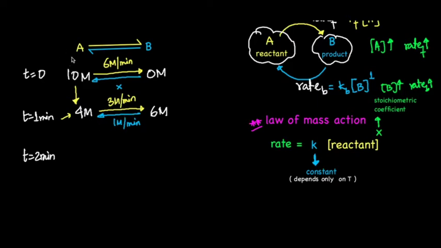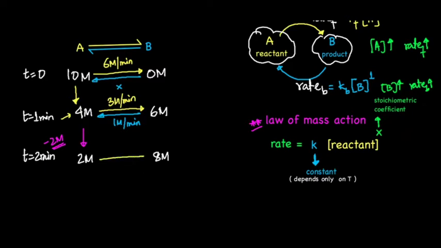Now this reaction is in 1:1 ratio, so we can say that 3 molar of A has reacted, but 1 molar of A has formed. So effectively 2 molar of A is getting reacted, and thus concentration of A will now drop to 2 molar, while concentration of B is going to increase to 8 molar, right?